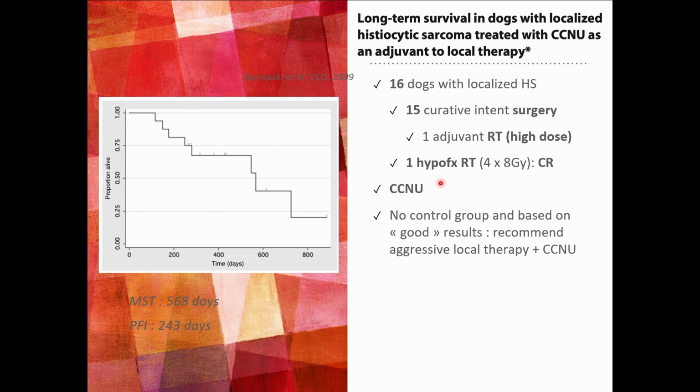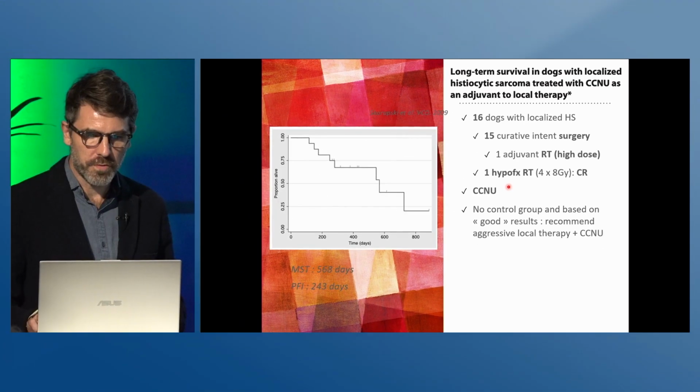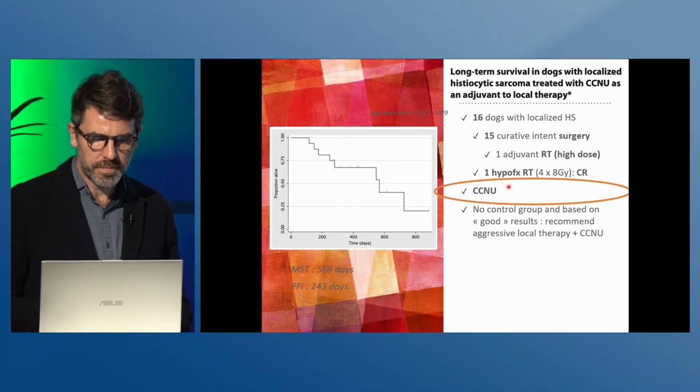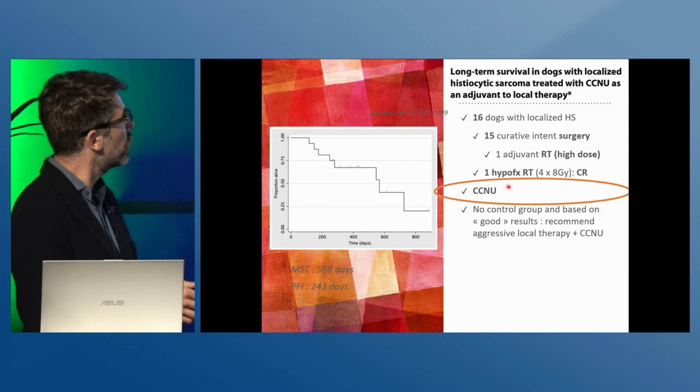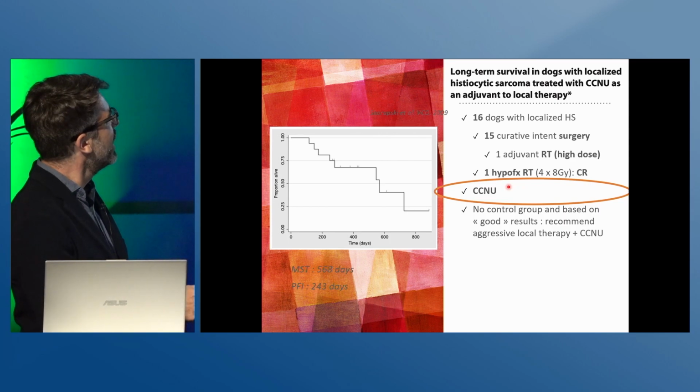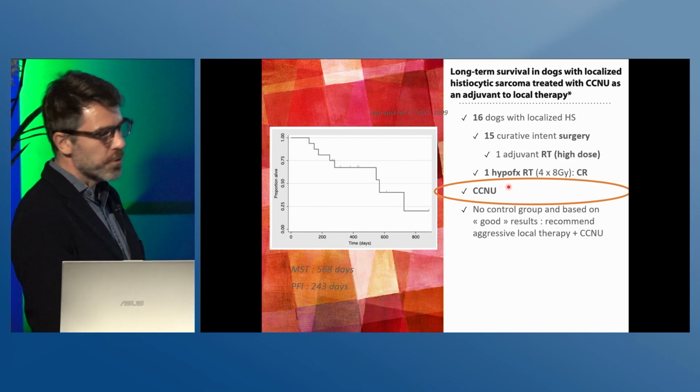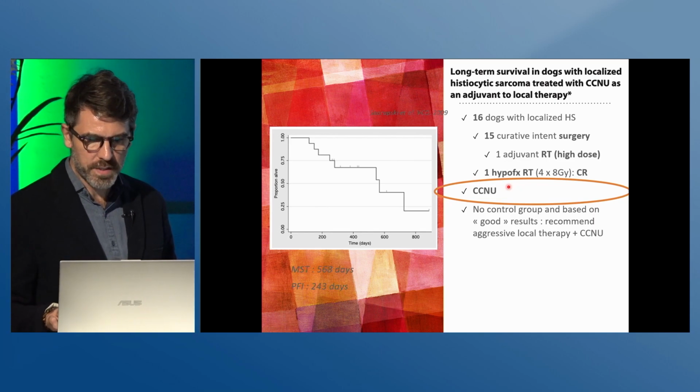So basically, these are the results with a good localized, a good intensive local treatment and CCNU. So again, quite interesting survival and progression-free interval. The circle should go higher. Sorry. This was around the joint, large mass around the joint.